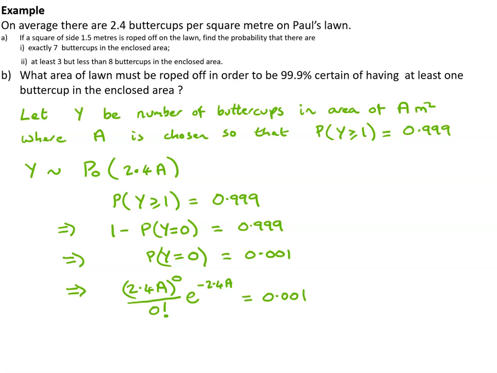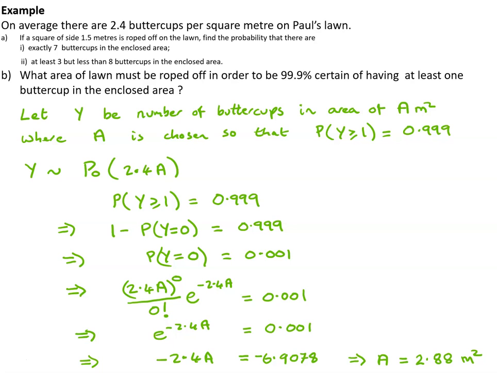Anything to the power of 0 is 1, and 0 factorial is 1. So that simplifies to e to the minus 2.4a equals 0.001. Taking the natural logarithm of each side gives me minus 2.4a equals minus 6.9078, which gives me a equals 2.88 metres squared.